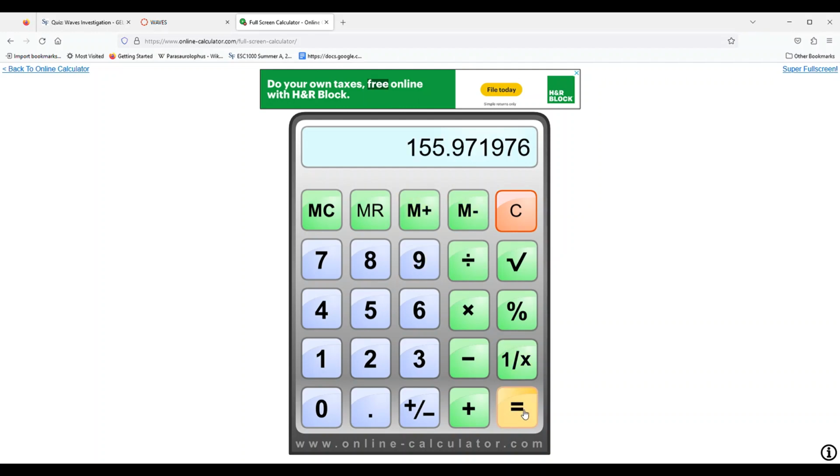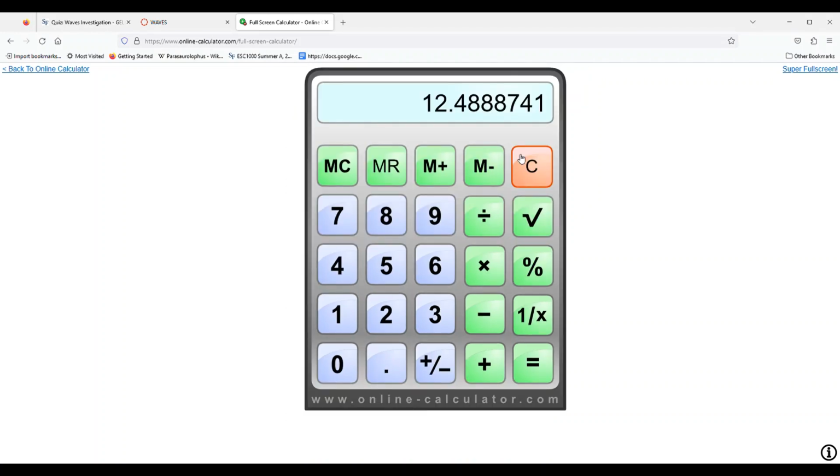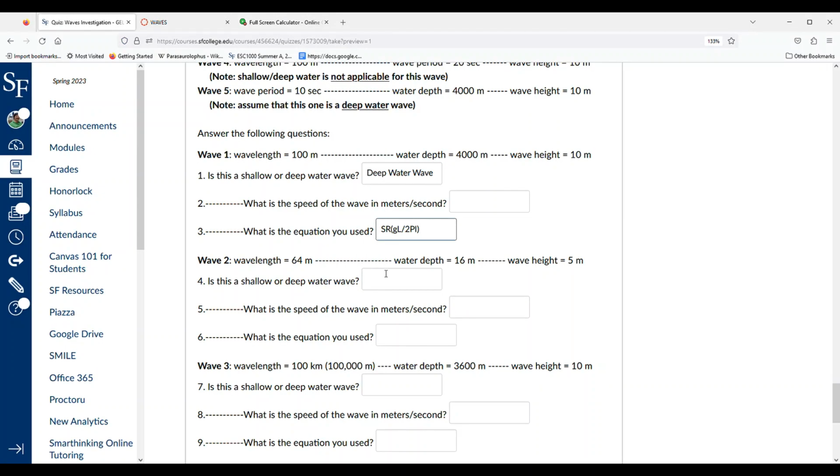And that gives us this number, and then when we take the square root of that, we get 12.48888. And since I asked you to just put one digit, this rounds to 12.5. So our answer here would be 12.5 meters per second.